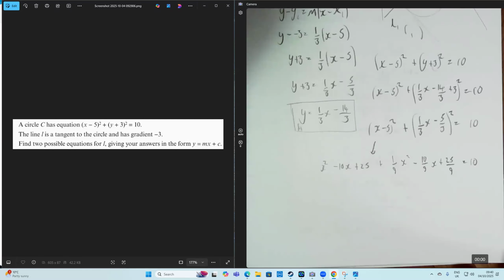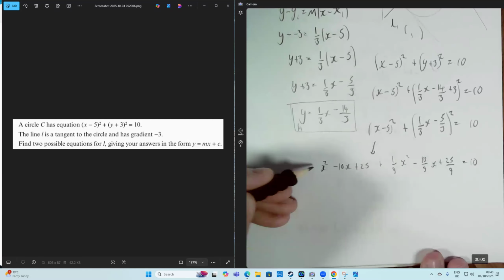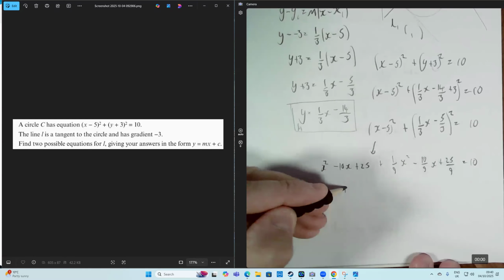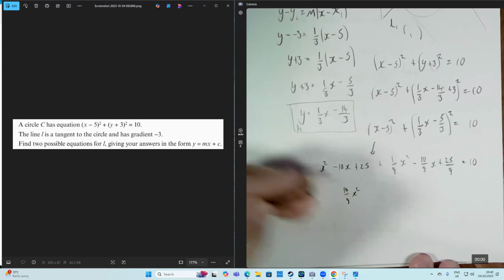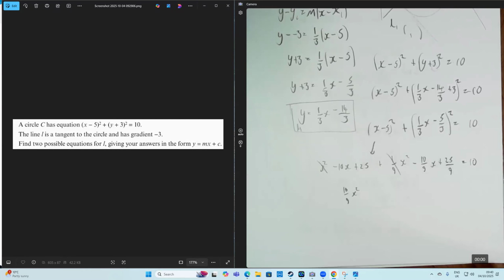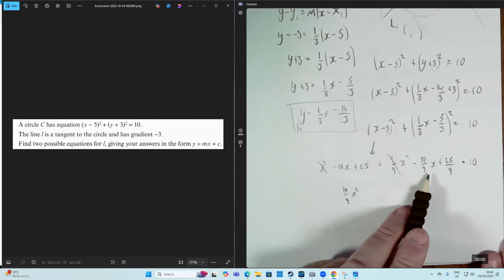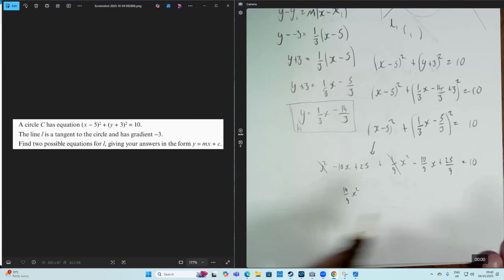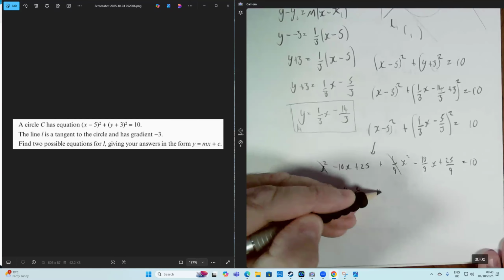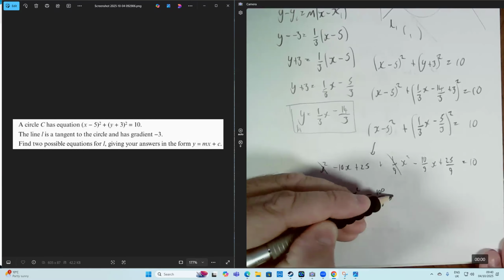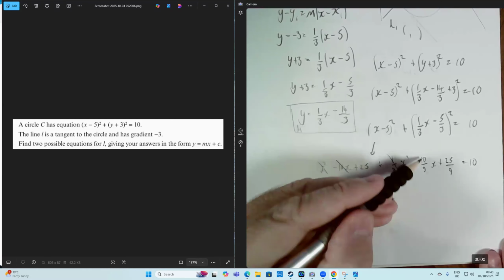Then we can collect all of our like terms. x² plus 1/9 x² is 10/9 x². Just cancel that out to show I've dealt with it. Then −10x minus 10/9 x is going to give us −100/9 x.